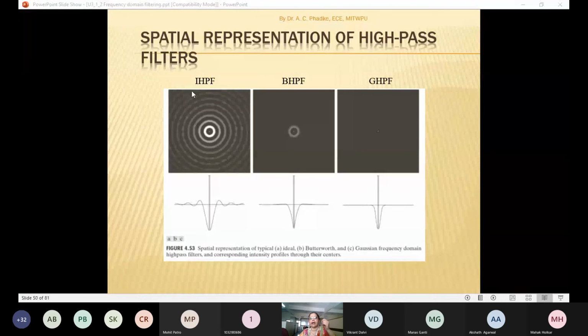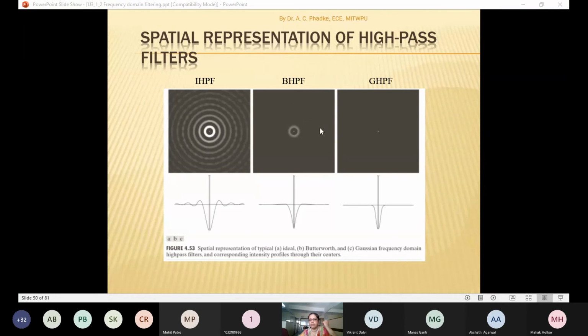And again for the ideal high pass, you can observe the ringing effect, because when we take the inverse of the high pass filter, we get its spatial representation as shown here. There are undershoots and overshoots, and those are reflected as rings in the case of the ideal high pass filter in the spatial domain.